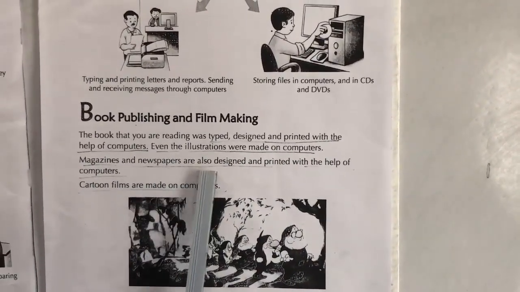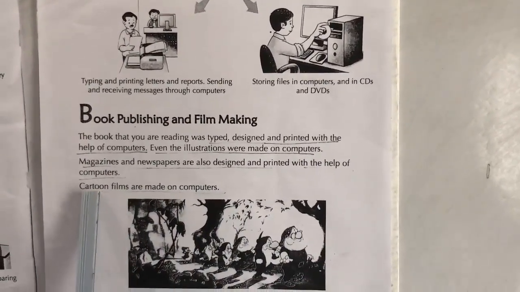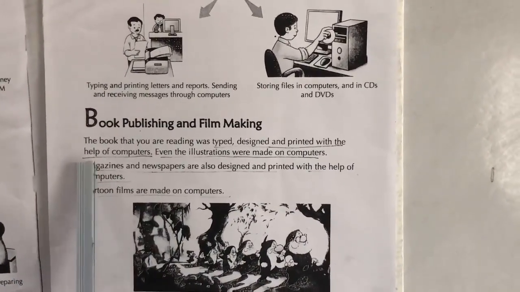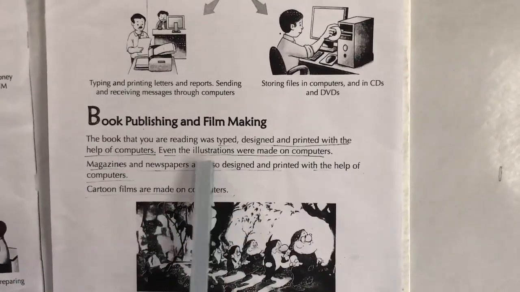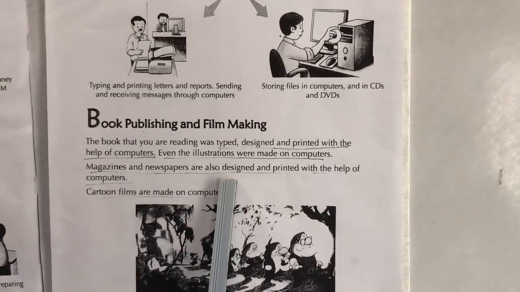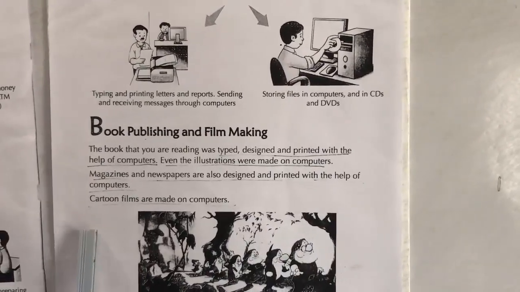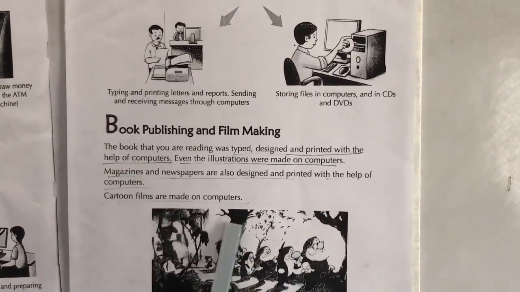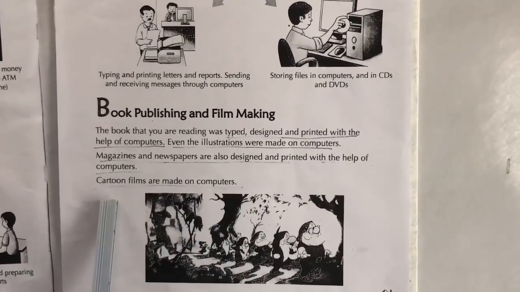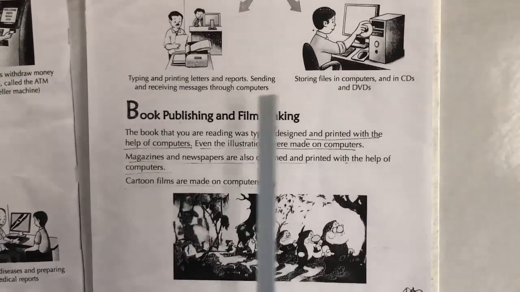Magazines and newspapers are also designed and printed with the help of computers. Cartoon films are made on computers. If the question comes in the exam, which films are made on computers? Cartoon films. So this is our today's topic.